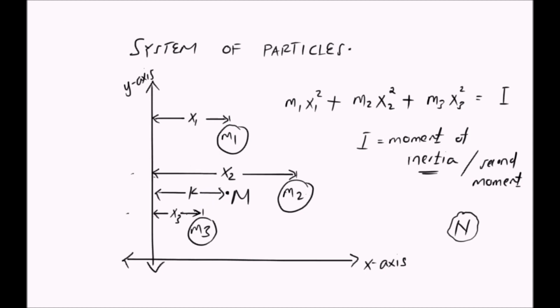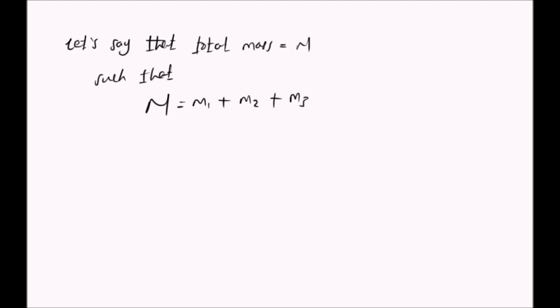Therefore, if I take the total mass M times the square of that k, I'm going to get the moment of inertia.